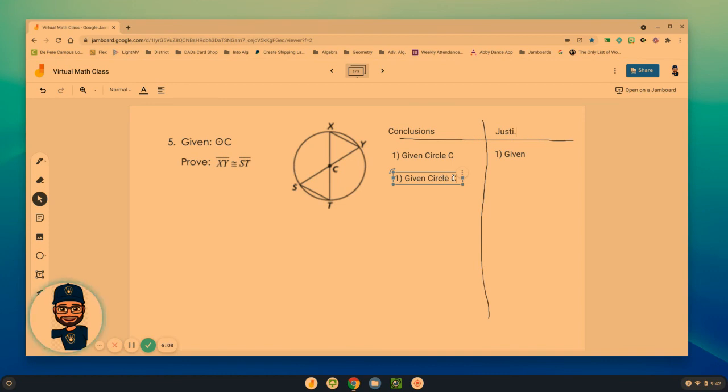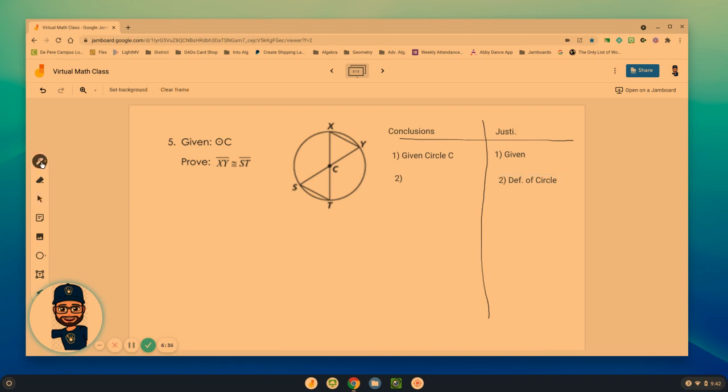All right, now, number two. Because I know that there is a circle, we have to use the definition of circle. Because they tell us it is a circle, I need to use that as a justification.